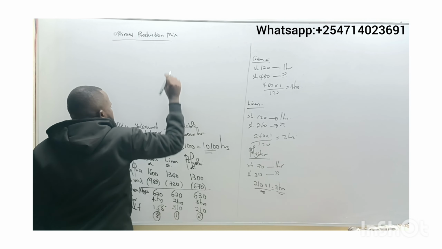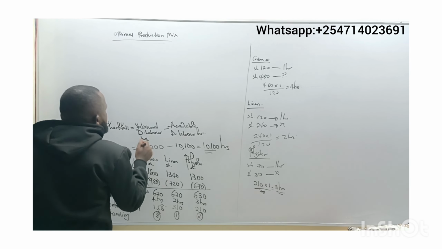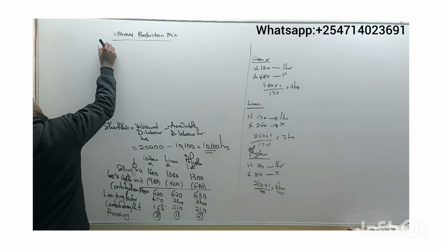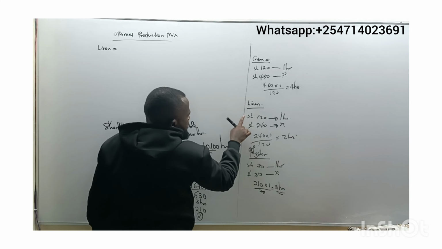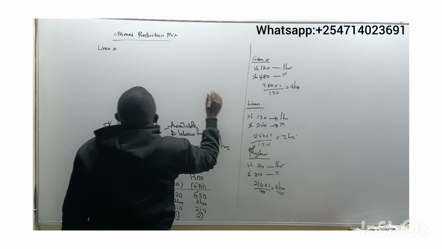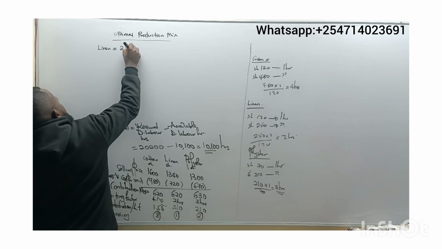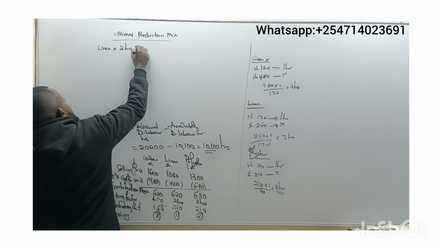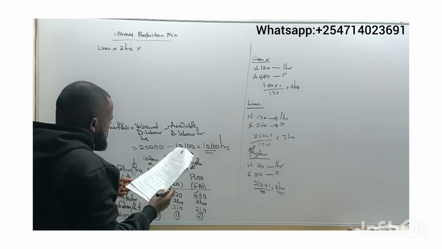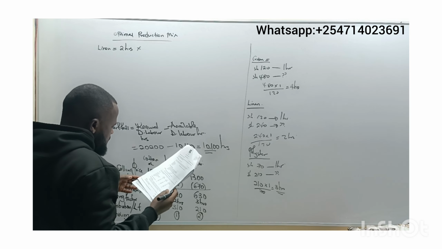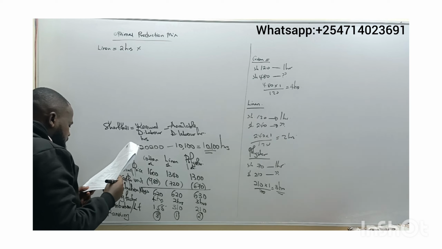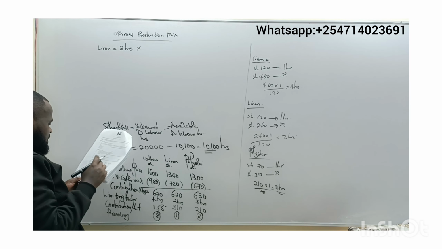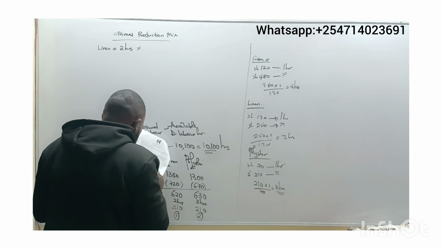And we produce as per the ranking. The one ranked number 1 is linen. So we start with linen. 1 unit of linen requires 2 hours. Multiply by the demand to know how many hours we are going to take, because the hours are limited. The budgeted annual demand of linen is 2400.